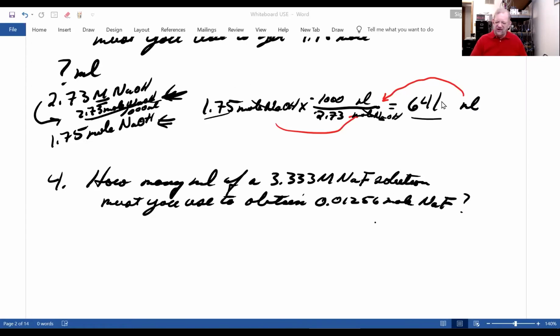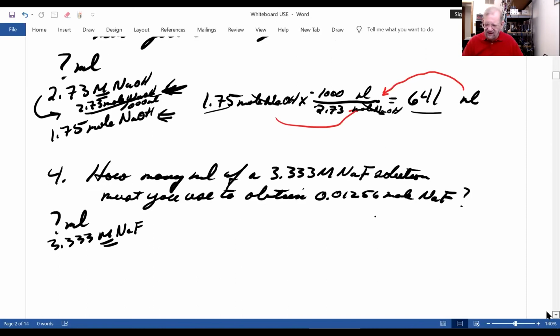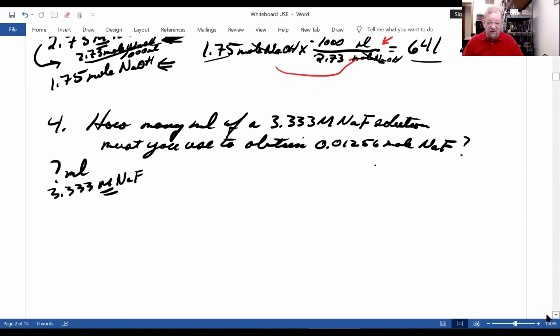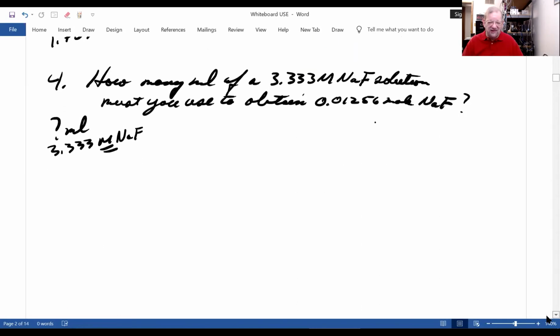The question is, how many milliliters? So what are we trying to find? Milliliters. What are we given? This. And as soon as I see the capital M, I know I need more room, so I'm going to raise this a little.